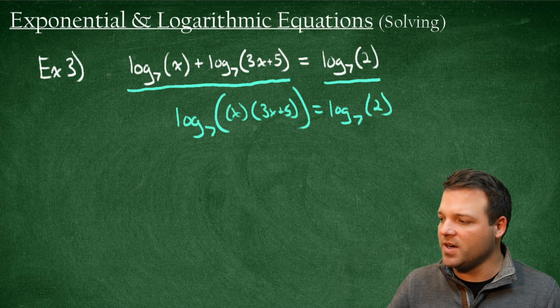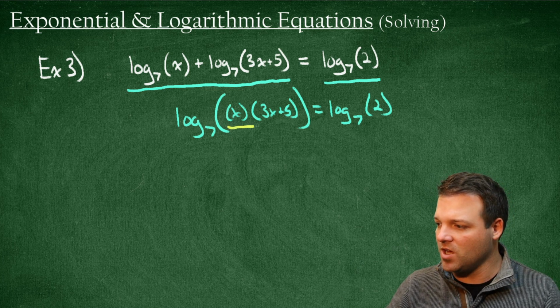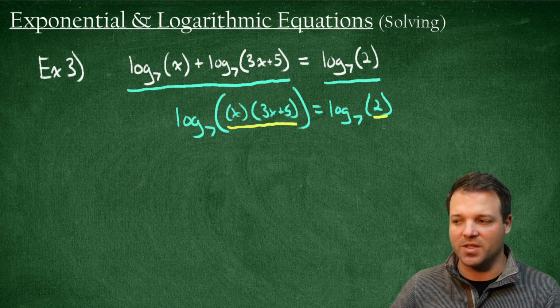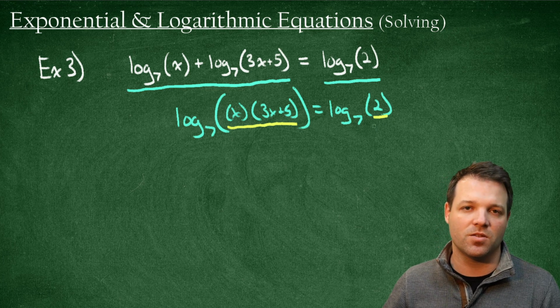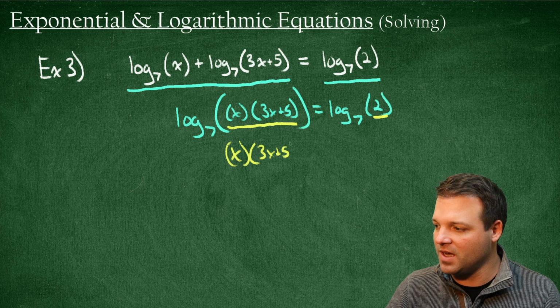All right, so now I do have the same structure on the left-hand side and the right-hand side. Log base 7 of something is equal to log base 7 of something else, so I can go ahead and set those corresponding parts equal to each other. So I have x times 3x plus 5 is equal to 2.